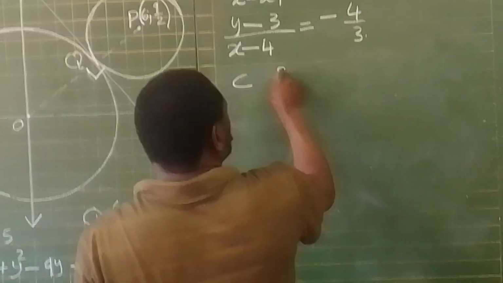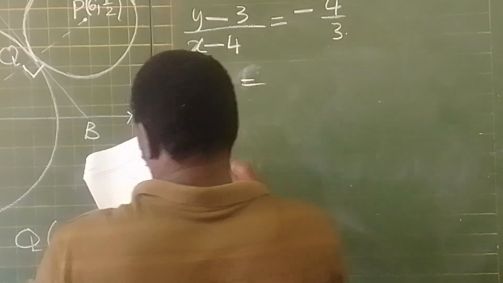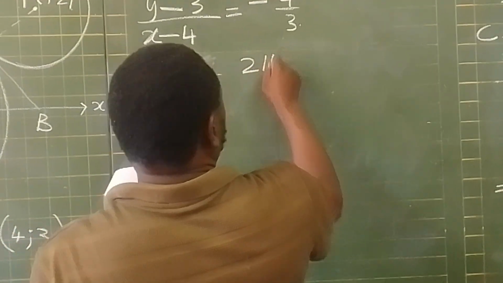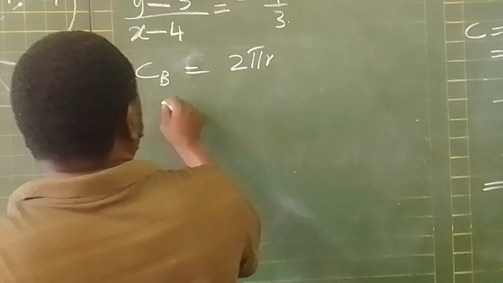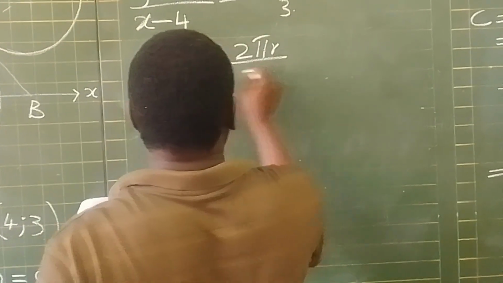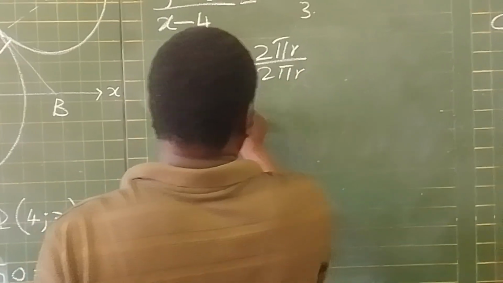C of the big circle, let me write it like this, equals 2 pi r, over C of the small circle, 2 pi r.